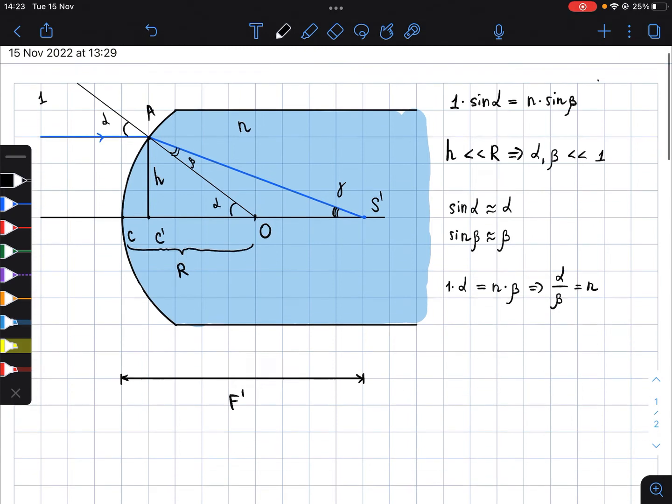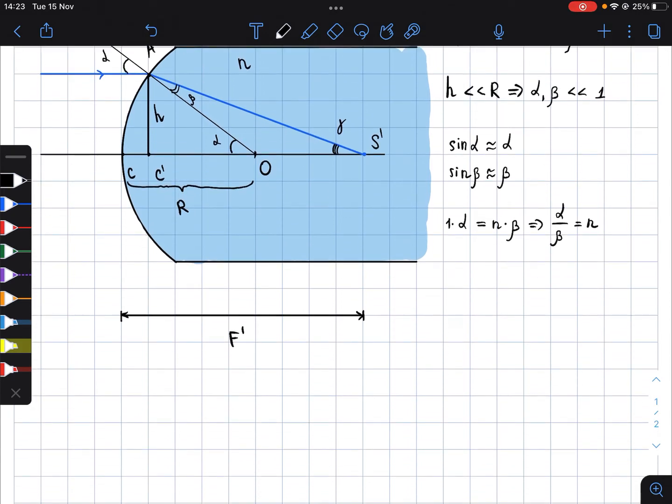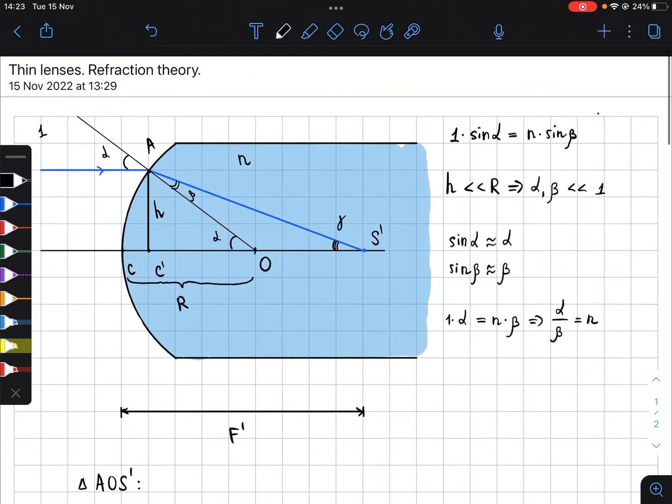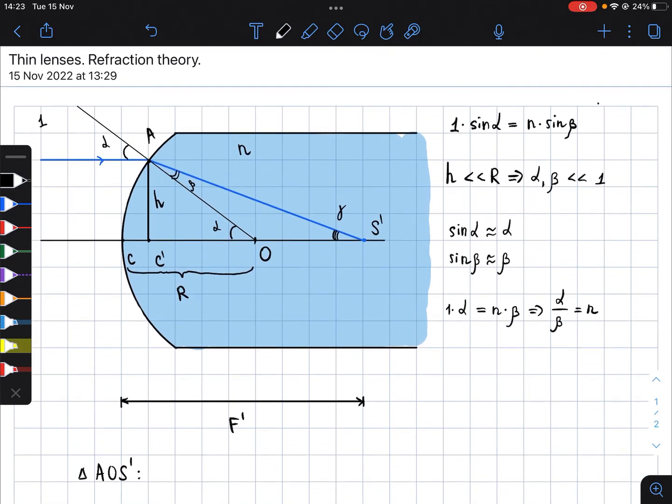Now let's look at some triangles. Let's look at the triangle A, O, and S prime. It's this triangle. From this triangle, we see that this angle is going to be 180 minus alpha.